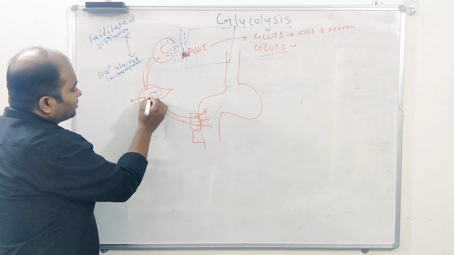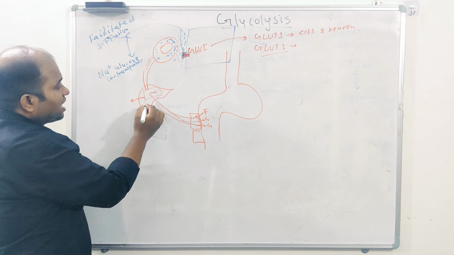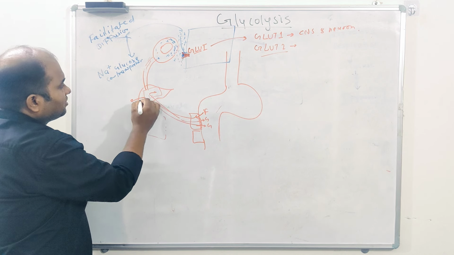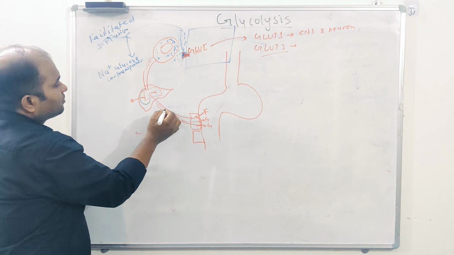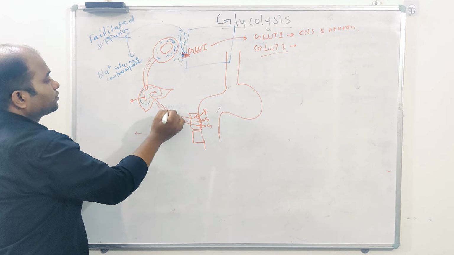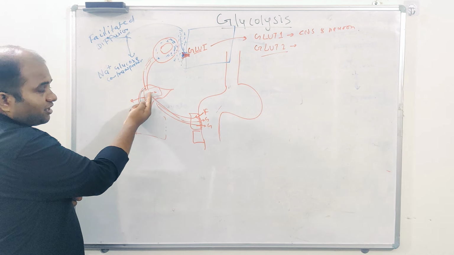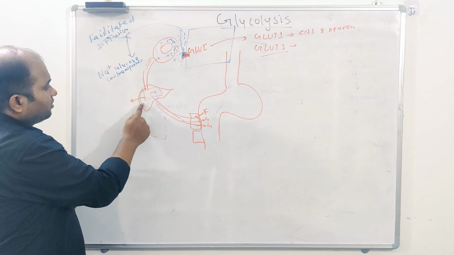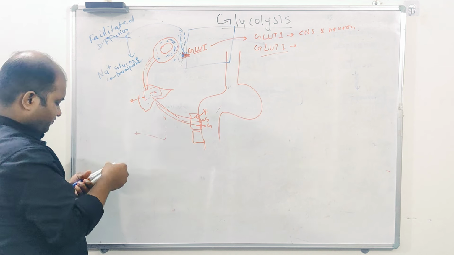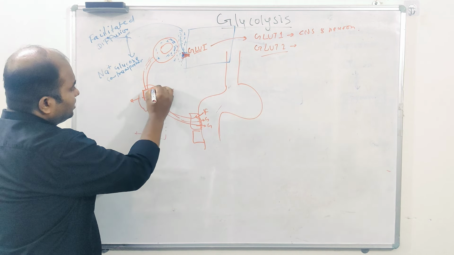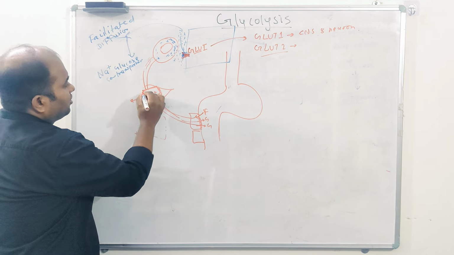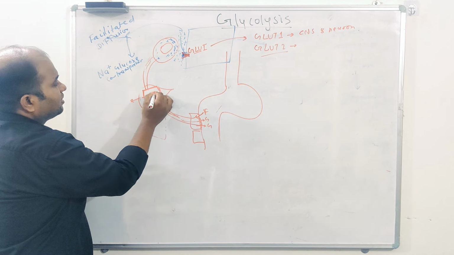That is the storing phase, and only a few amount is released. So when you have a high amount of food, the storing will be there, right? Glucose is entering inside this cell. If this is a hepatic cell, glucose will enter inside the cell.